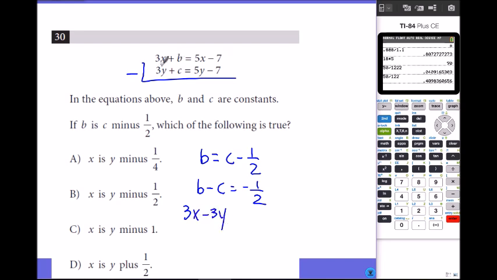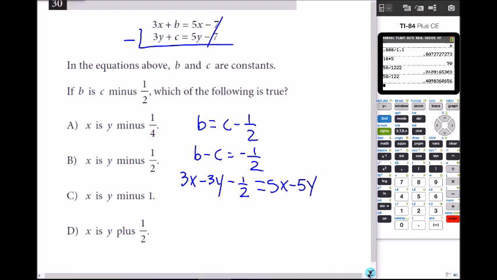And B minus C is negative 1/2, right? Equals 5X minus 5Y. Negative 7 minus negative 7 is negative 7 plus 7, so they cancel out. So now, right, X in terms of Y. So let me move the positive 3X.